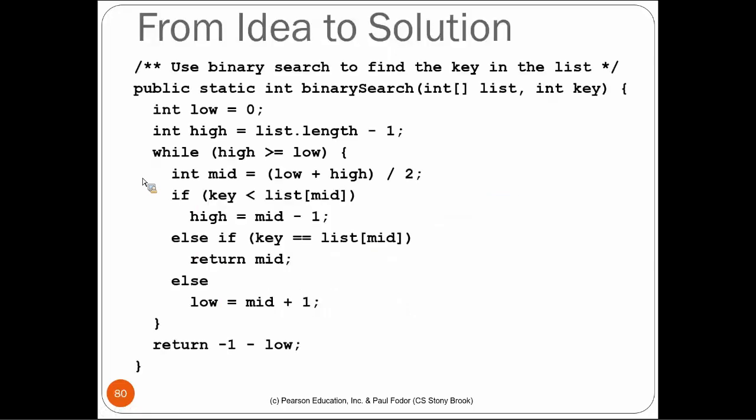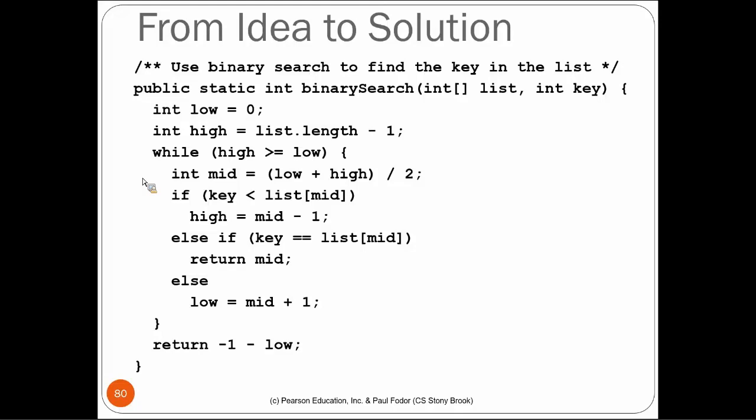So how do we get to such a solution? We need 2 indices. The first is the lowest index that we are looking at. In our case, we start from 0, the index of the first element. The second is the highest index of the range of elements that we are looking at.